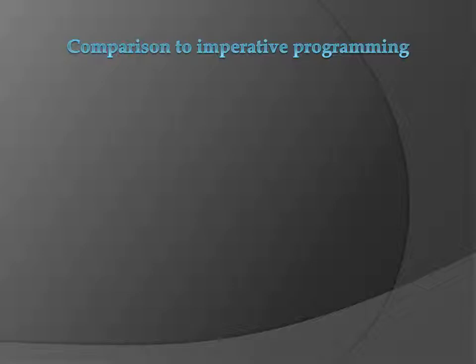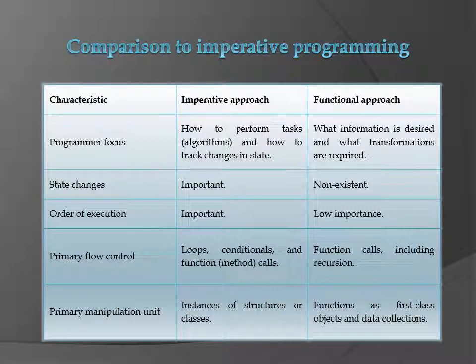In contrast, a functional programming approach involves composing the problem as a set of functions to be executed. You define carefully the input to each function and what each function returns. The table describes some of the general differences between these two approaches.